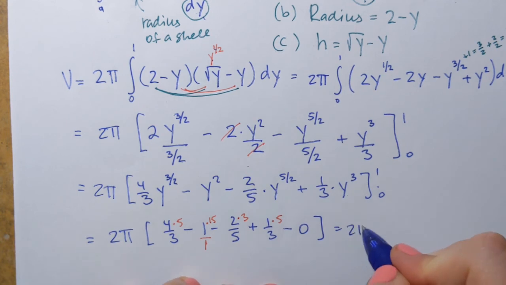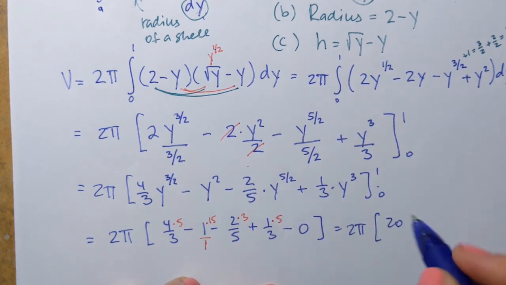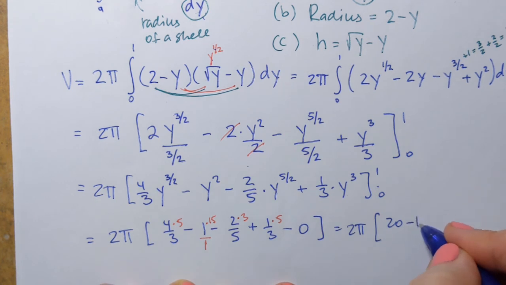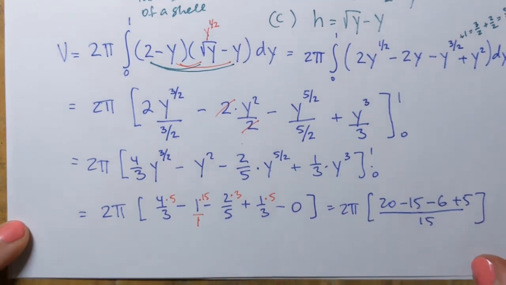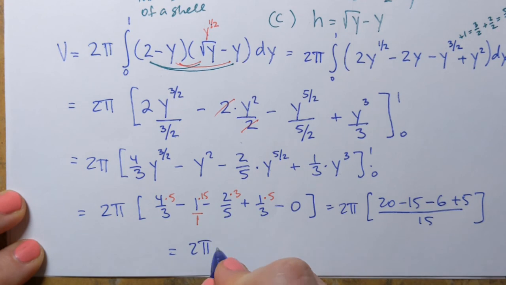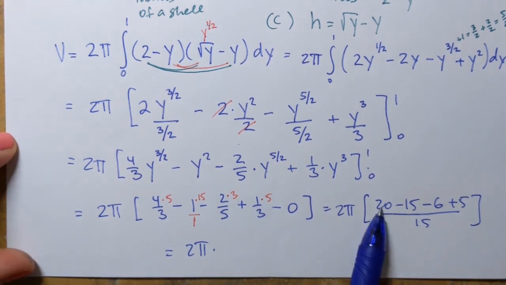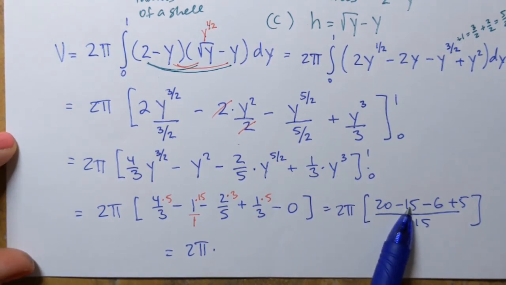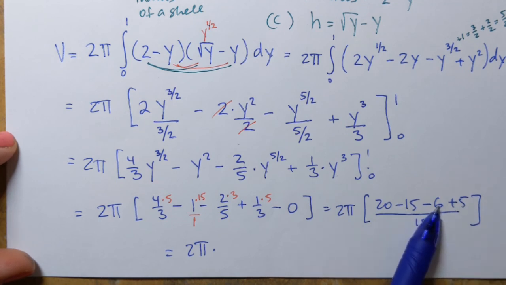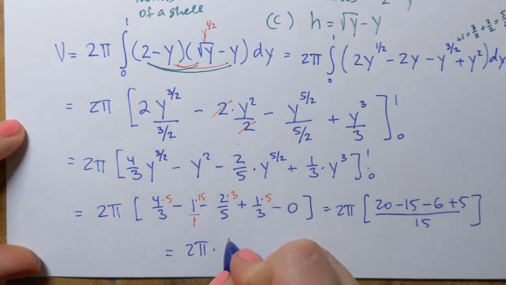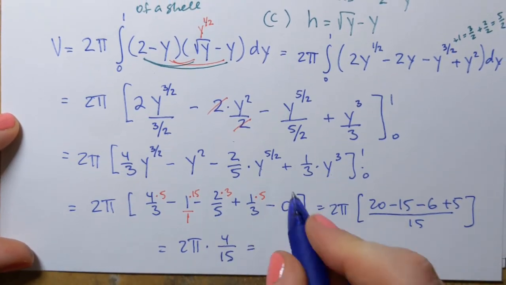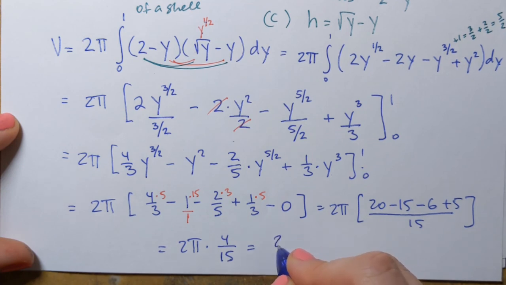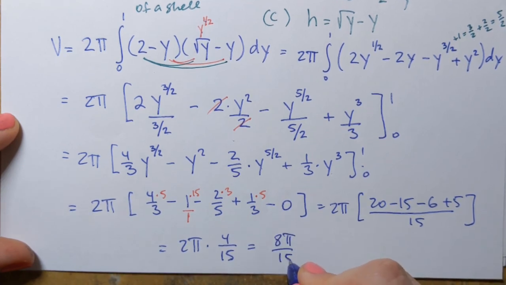Okay, so I'll have 2 pi times 20 minus 15 minus 6, and then plus 5 over 15. 2 pi times, okay, so 20 minus 15 is 5. 5 plus 5 is 10. 10 minus 6, 4. Okay, so I think it's 4 over 15. And of course I can multiply that, and I can say that it's 8 pi over 15.